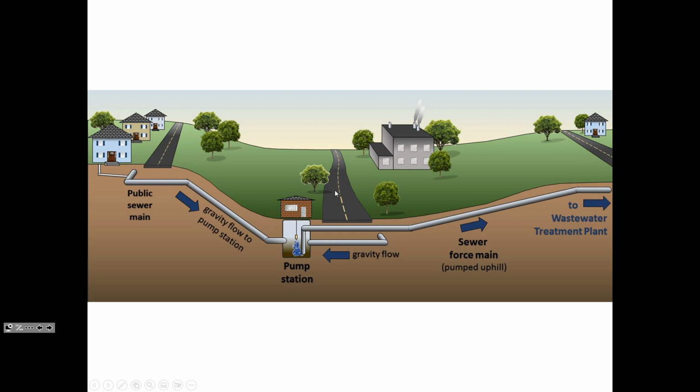If you have a good grade, then it makes sense to have as much of the collection network operating from gravity as you can, because these pump stations are using electricity and it's costly, but there are often low points or features like railroad tracks or an underpass or something that make it impossible to have purely gravity flow in a town.